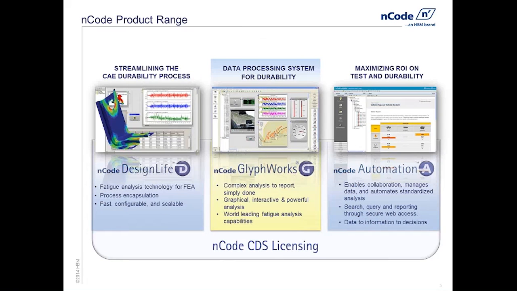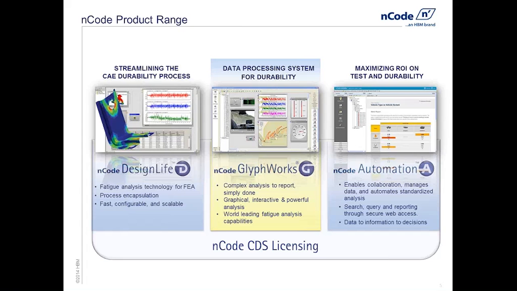One is called Design Life, and Design Life serves as a fatigue analysis tool in the CAE domain, and it effectively turns whole model stress plots into life plots. That's the basis of Design Life. Our third product is called Automation, and it serves as a database for storing and managing large amounts of test data.